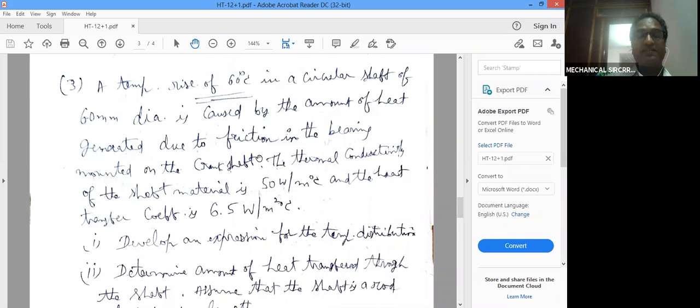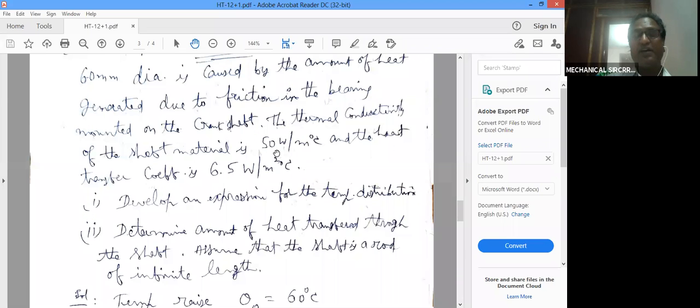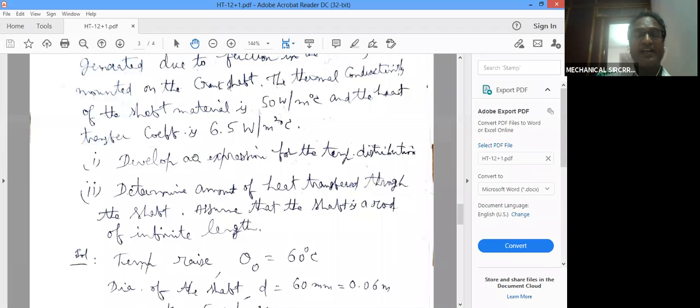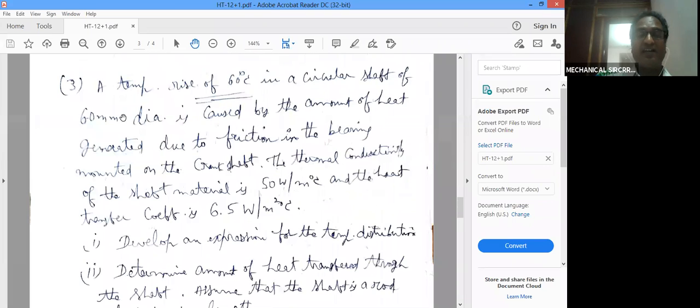The thermal conductivity of the shaft material is 50 watt per meter Kelvin, and the heat transfer coefficient is 6.5 watt per meter square Kelvin. Here you can assume this is a lengthy fin, a circular fin of diameter 60 mm, and the temperature rise, that is T naught minus T free stream, is 60 degrees centigrade.